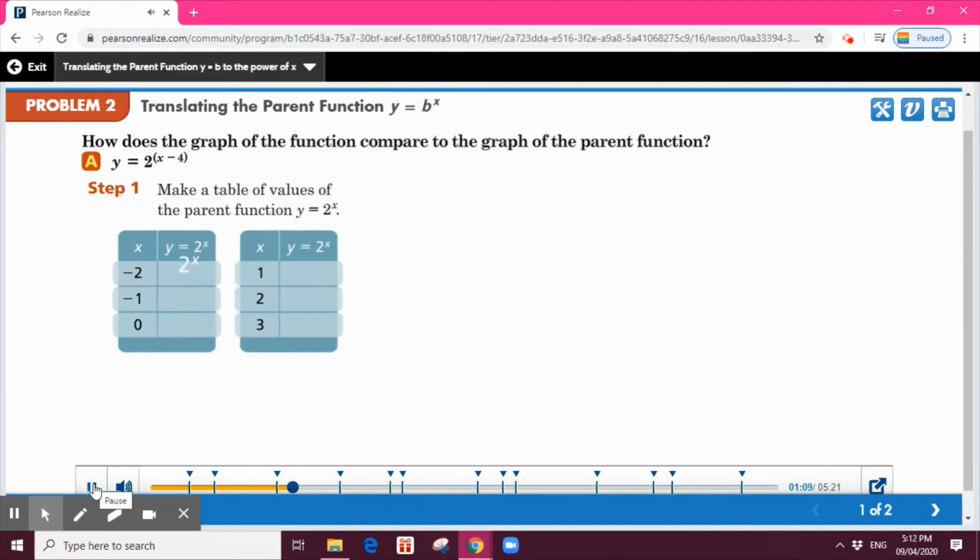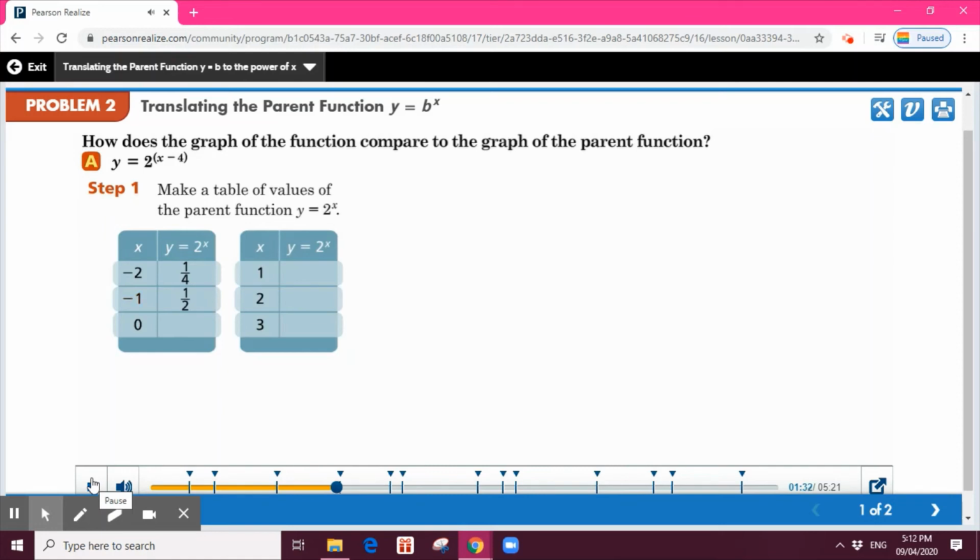Substitute each x value into the equation y equals 2 to the x power. When x equals negative 2, y equals 1/4. When x equals negative 1, y equals 1/2.